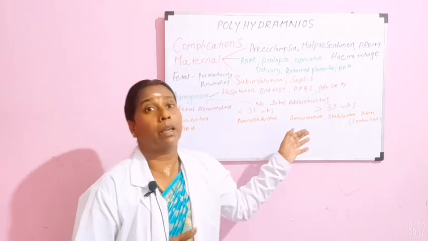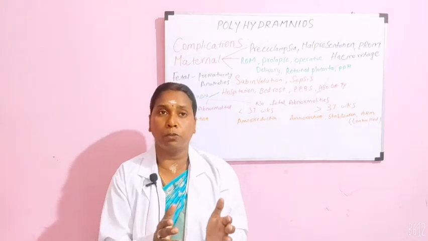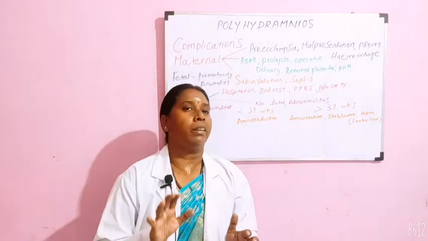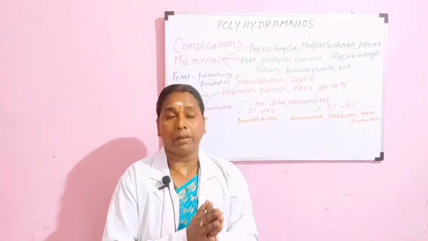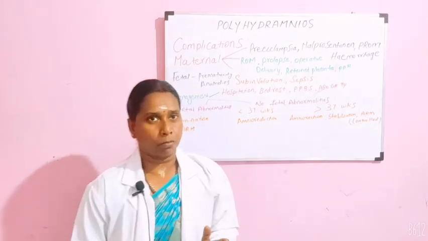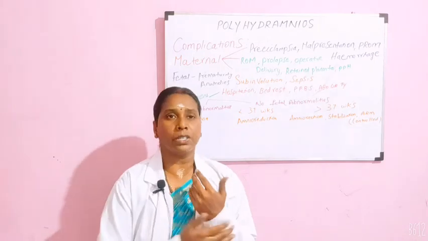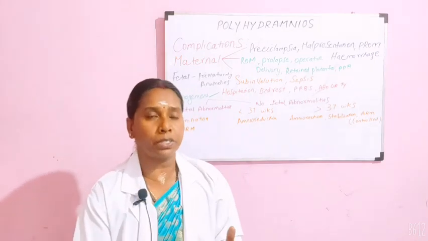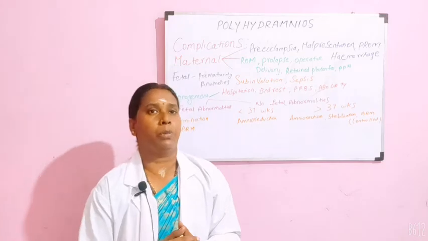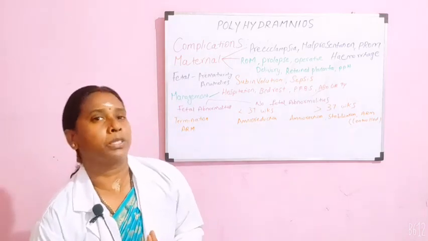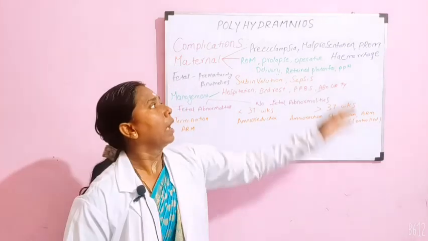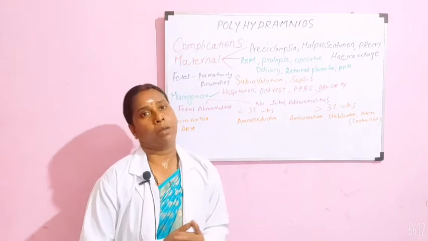But here, as there is an excess amount of fluid, engagement will not take place. And when there is a rupture of membrane, what happens? There may be a cord presentation, shoulder presentation, knee presentation, foot presentation, anything can happen. So there may be malpresentations of the fetus, and there may be premature rupture of the membrane.